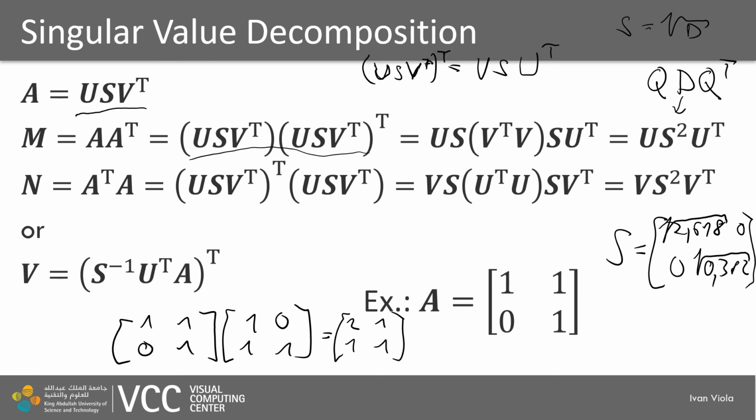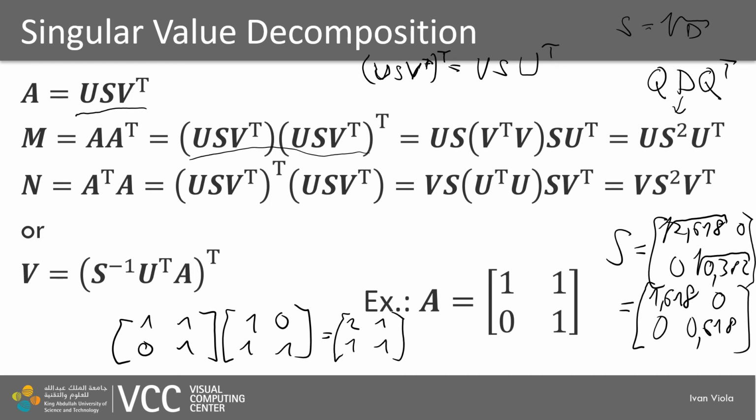If we look at the square root of these values, we will find that it equals approximately 1.618, 0, 0, and approximately 0.618.